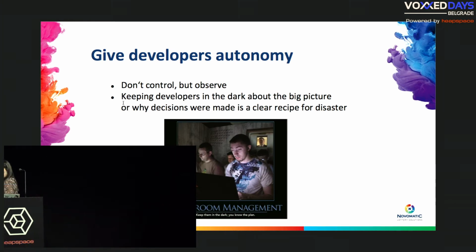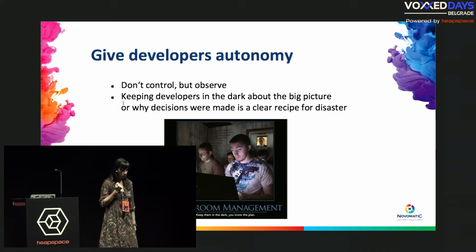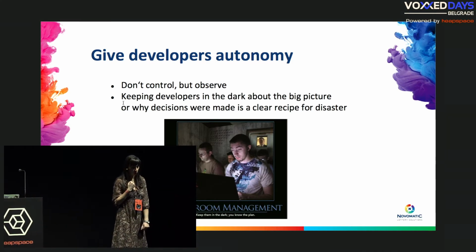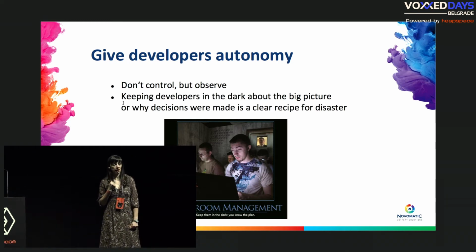And again, I would like to go back to the topic of autonomy of developers. Give them all the tools, top-notch computers. If they need training, then make sure they get it. Make sure that they are actively involved in the process of making decisions. You don't have to make all decisions on your own.